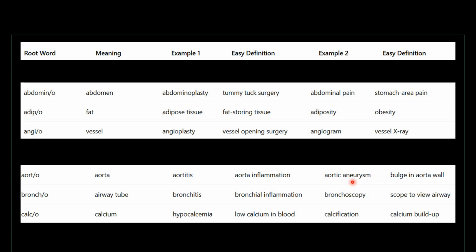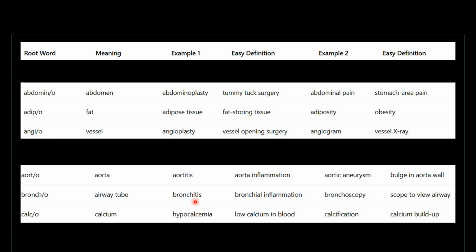Aortic aneurysm. Okay. Next we have bronch or broncho, which is denoting the airway tube. Like bronchitis. Bronchitis means bronchial inflammation. So the suffix itis we already know, right? Whenever you find the suffix itis, that means something is in an inflammation state, and here we are using bronch.